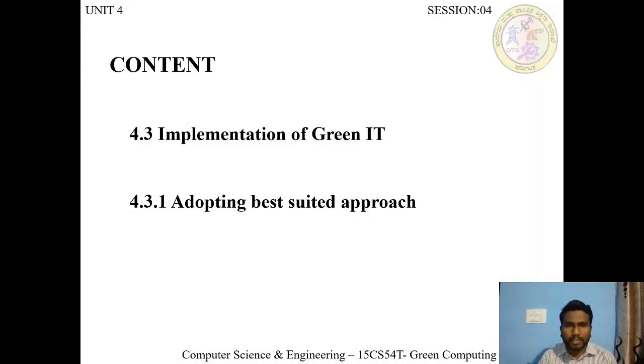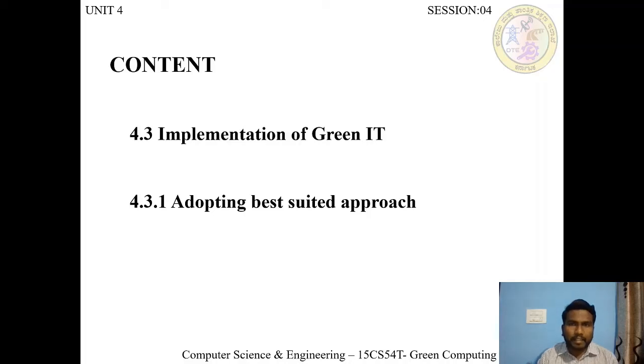In the previous sessions, you have learnt about various strategizing initiatives of green IT like strategic thinking, strategic planning and strategic implementation, and also you have learnt about enterprise architecture planning and various levels of EA planning, like getting started, where we are today, future vision, and how to get there in detail.